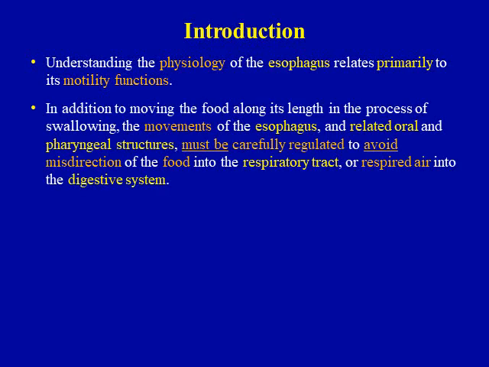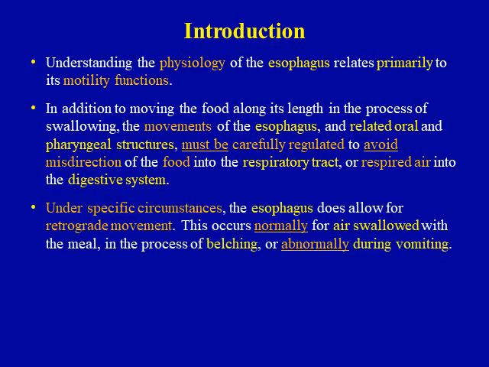In addition to moving the food along its length in the process of swallowing, the movements of the esophagus and related oral and pharyngeal structures must be carefully coordinated or regulated to avoid misdirection of food into the respiratory tract or the misdirection of respired air into the stomach or the remaining parts of the digestive system.